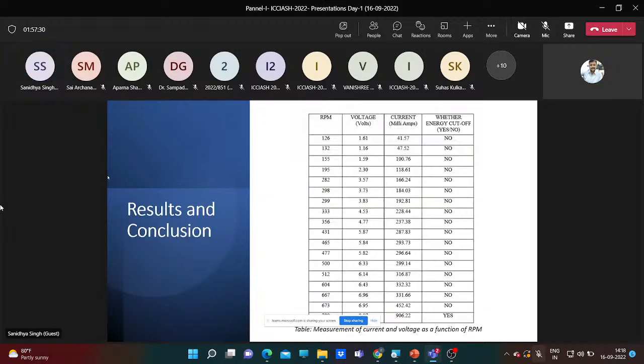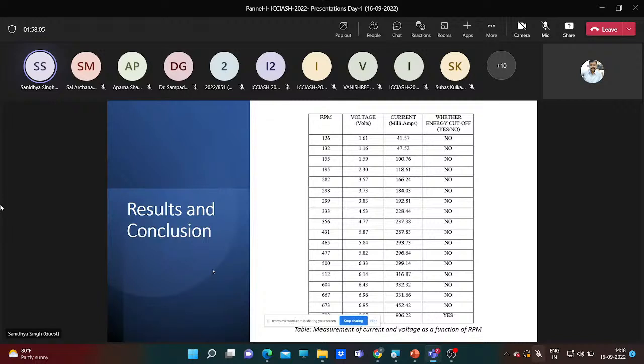So here are the readings of voltage and current with respect to the rotations per minute. As you can see, starting from 126 RPM, we have the corresponding voltage and current for each RPM, and until 700 RPM, in an increasing manner, measurements have been taken.